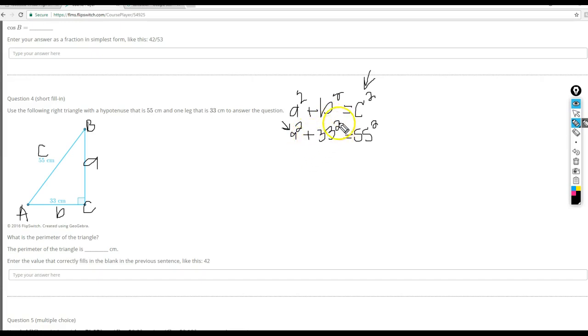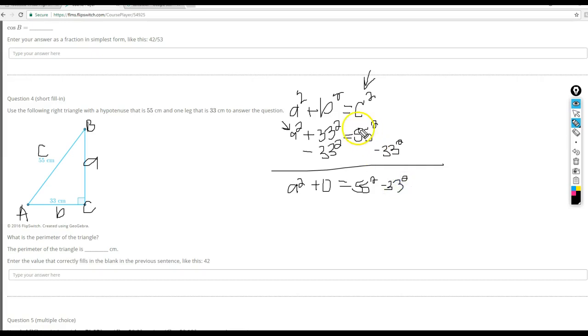So since 33 squared is being added to a squared, I'm going to use the subtraction property of equality and subtract it from both sides. So then I have a squared. 33 squared minus 33 squared will be 0. That's going to equal 55 squared minus 33 squared.